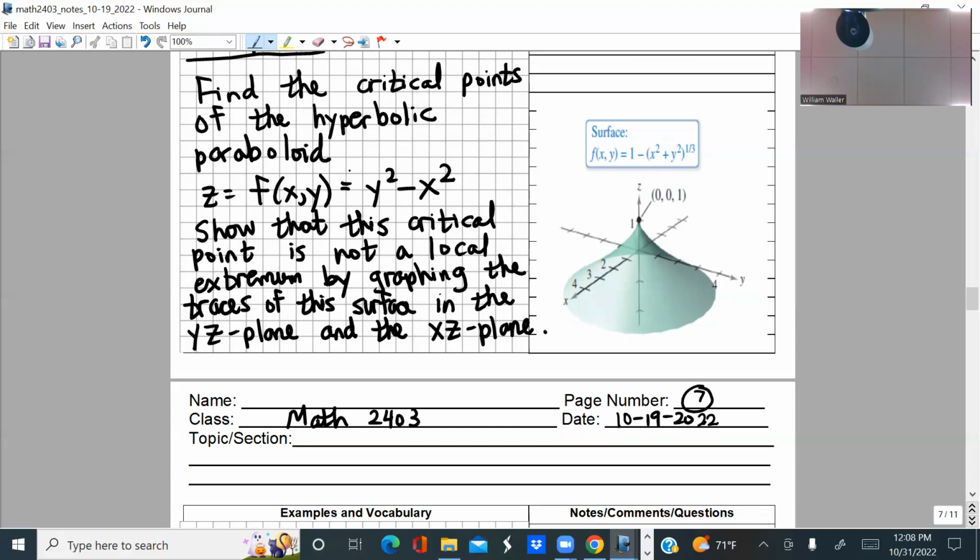And again, that will cut through the surface in two dimensions. All right, so how do we find the traces, starting with the yz plane? How do you find the equation of that trace? Remember how to do this?